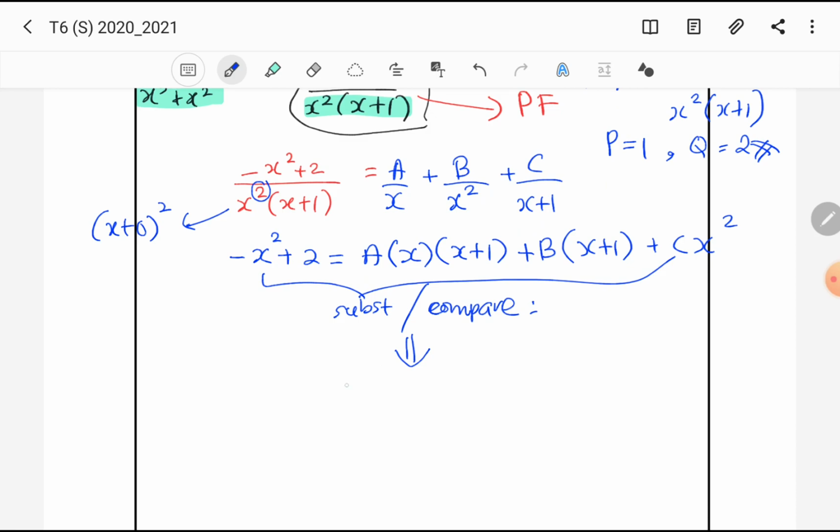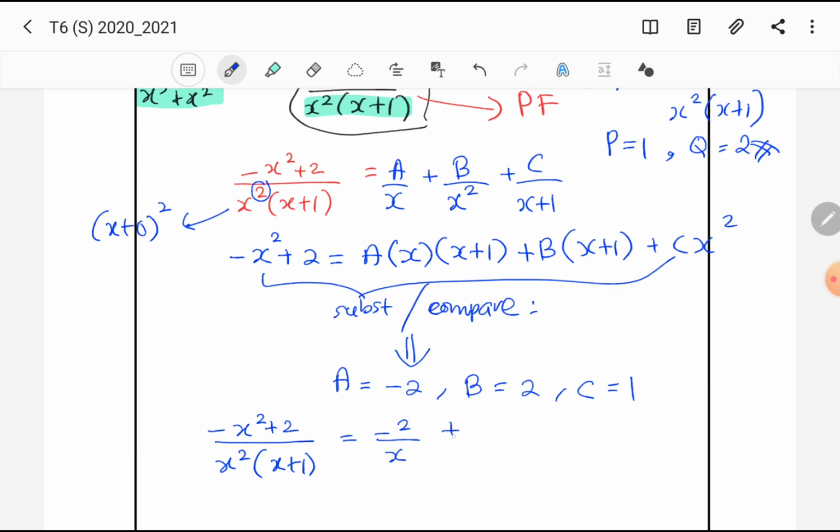Awak akan dapat A equals to -2, B equals to 2, and C equals to 1. So negative x squared plus 2 over x squared x plus 1 equals to negative 2 over x plus 2 over x squared plus 1 over x plus 1.